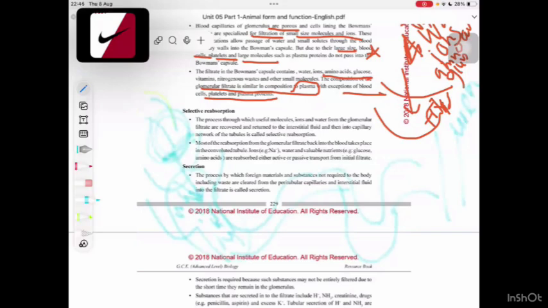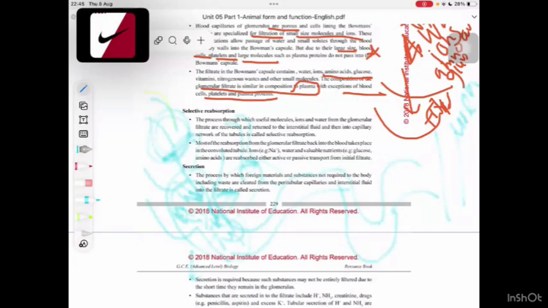So now we should do something to move them into the interstitial fluid and the blood capillaries. The movement of these molecules into the interstitial fluid, then into the blood capillaries, is called selective reabsorption.